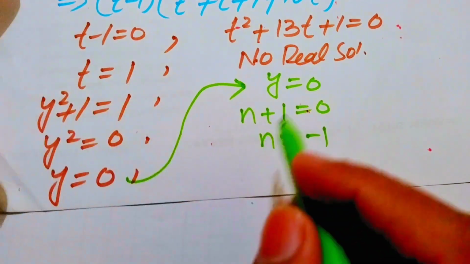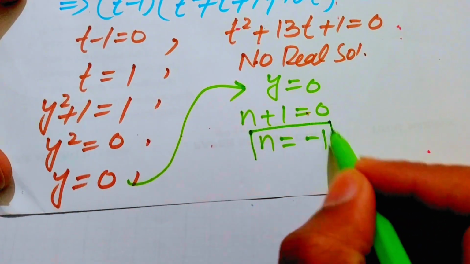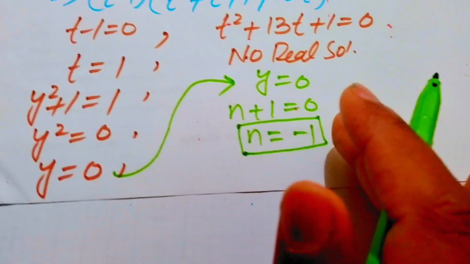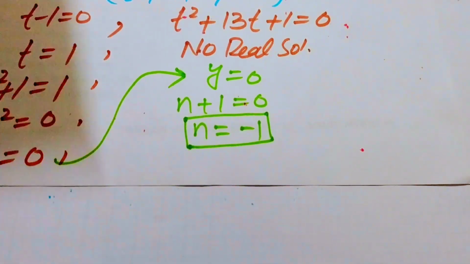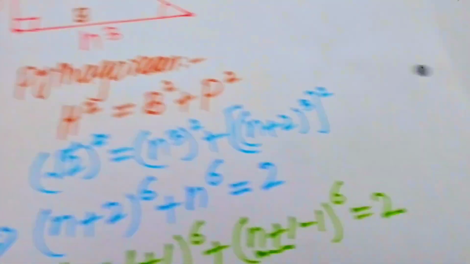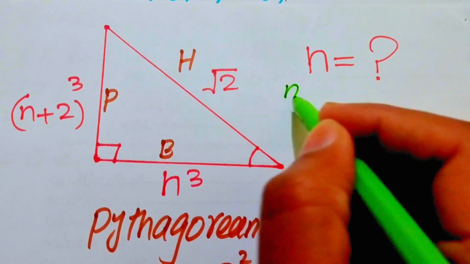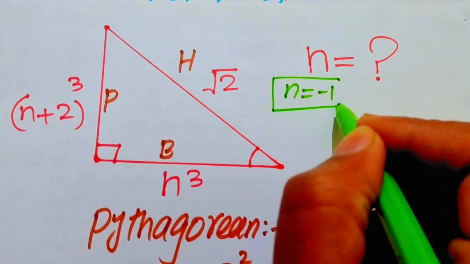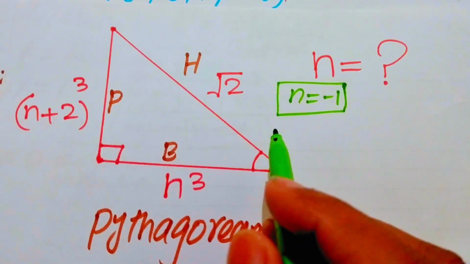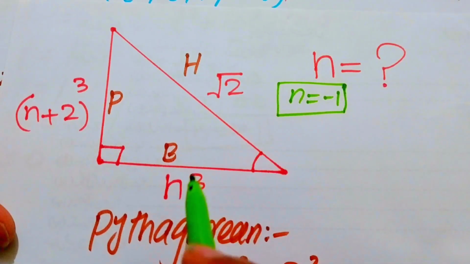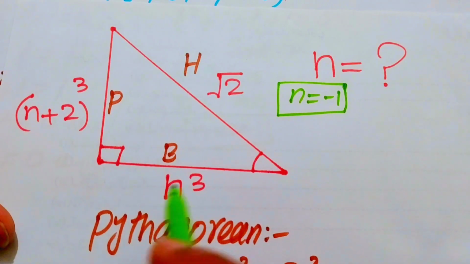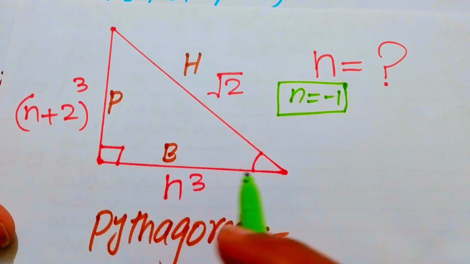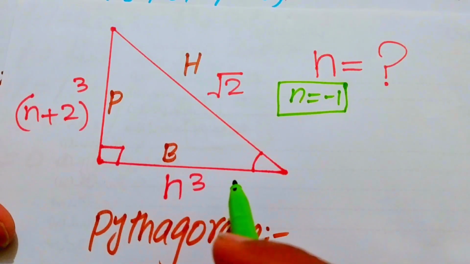So here we get the value of n equals minus 1, but it is not possible, because we know that n is the side length of this right triangle. Here you find the value of n equals minus 1. We get only a single value of n, which is minus 1, but n is the side length of this triangle, and when you put this value here, then the length of this side becomes negative.